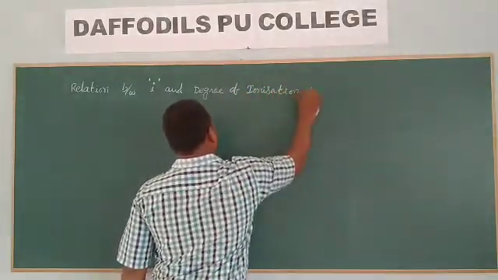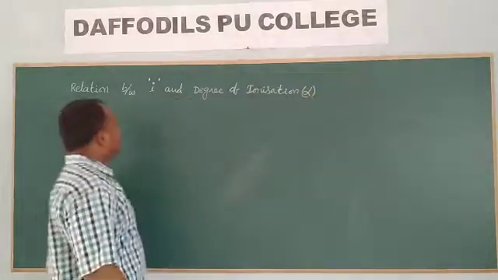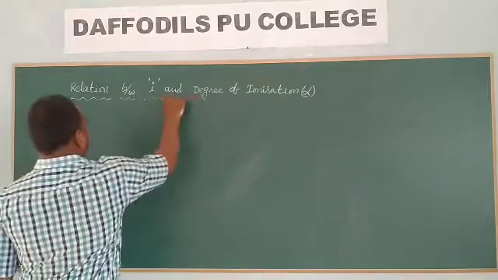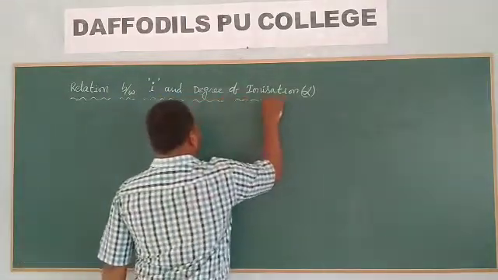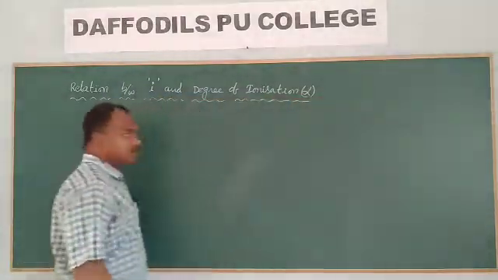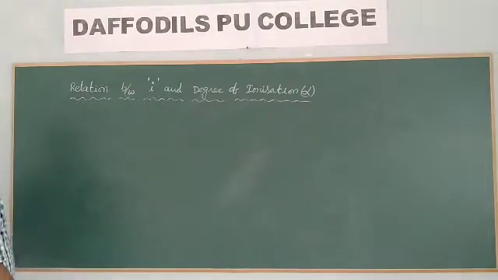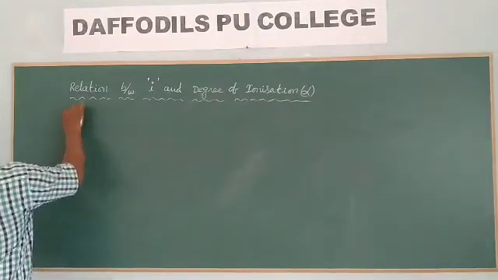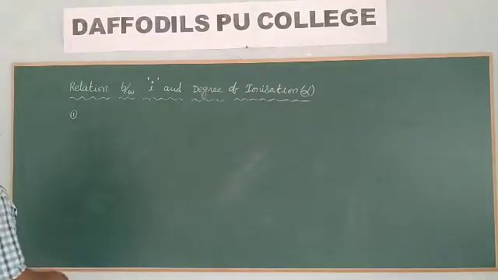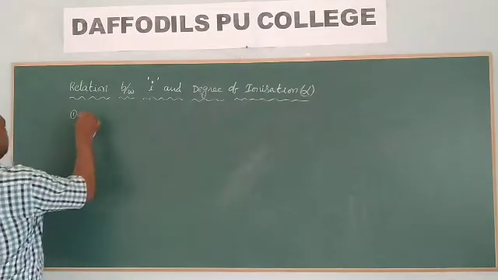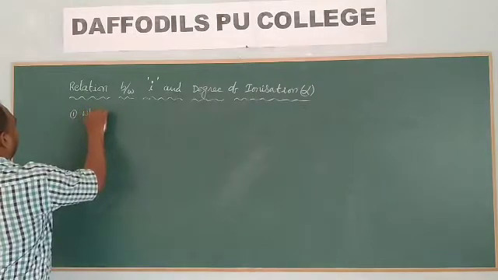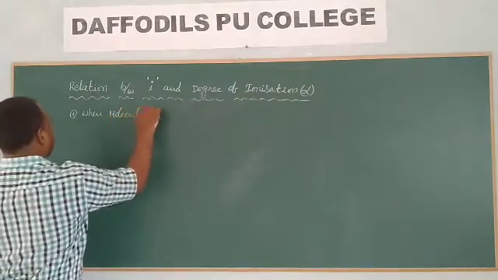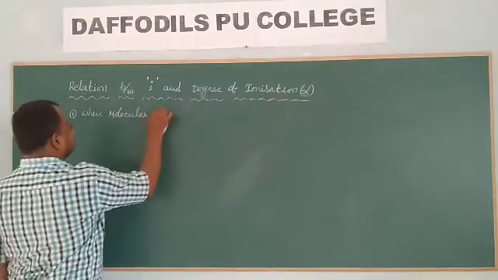Degree of ionization is denoted by alpha. We will discuss the relation between Van't Hoff factor and degree of ionization in two different cases. The first case is when molecular dissociation takes place.